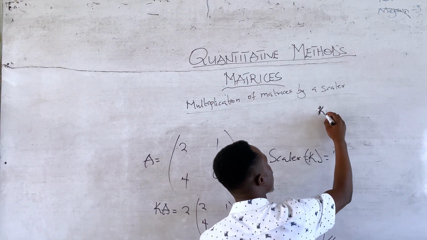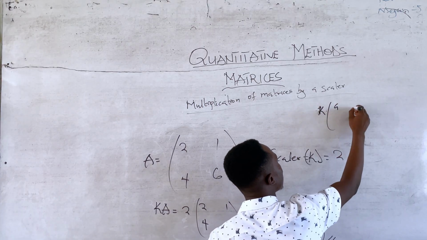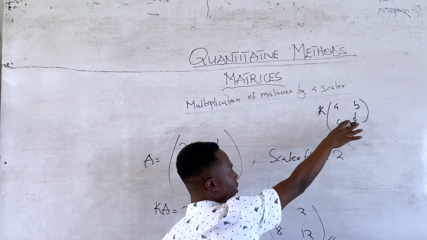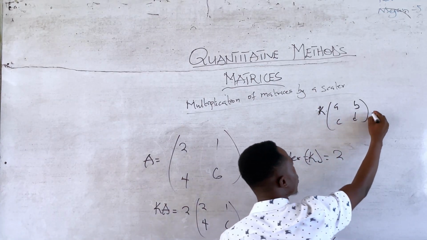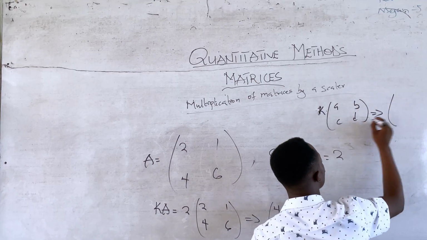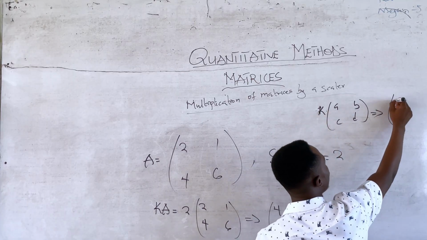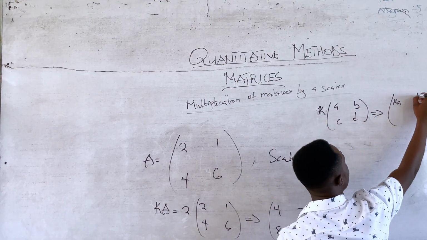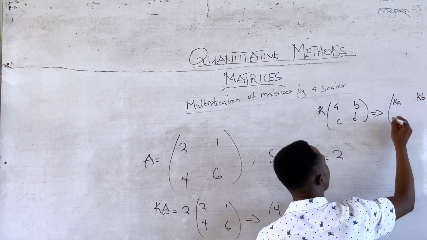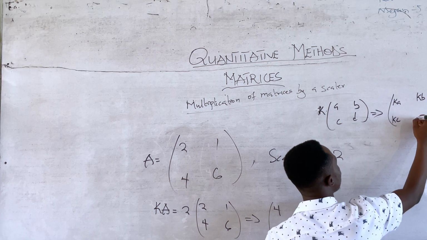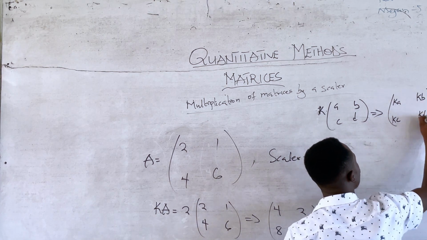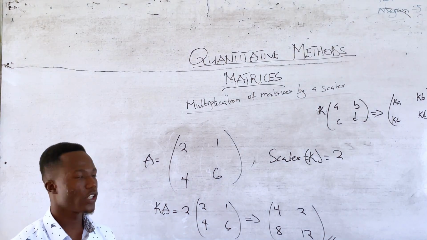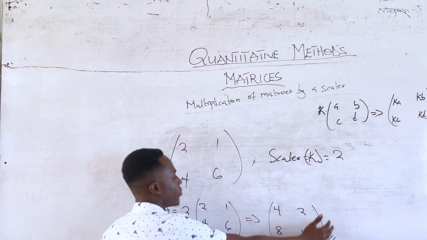And if you have a matrix A, B, C, D, this is the basic rule. You multiply this k by A to get kA, you multiply k by B to get kB, and this one to get kC and kD. So this should be your final answer as it is presented here.